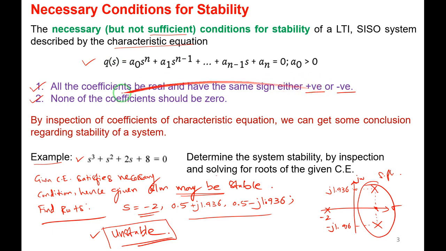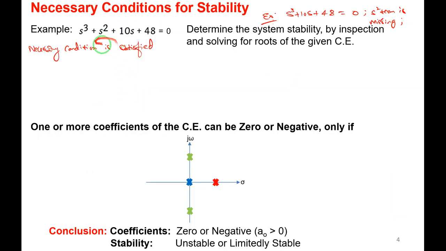Here they all are having positive sign and none of the coefficients are 0, right? So the necessary condition is satisfied. Hence the given system may be stable. I will not say it is stable, may be stable. Then we'll go for proving the sufficient condition by solving the roots of the characteristic equation, right?